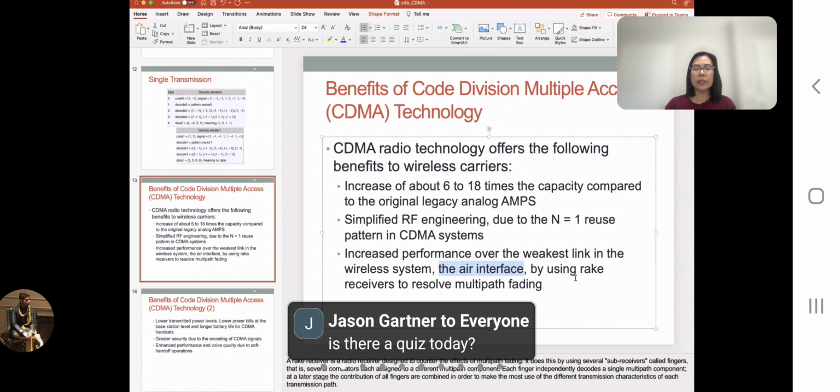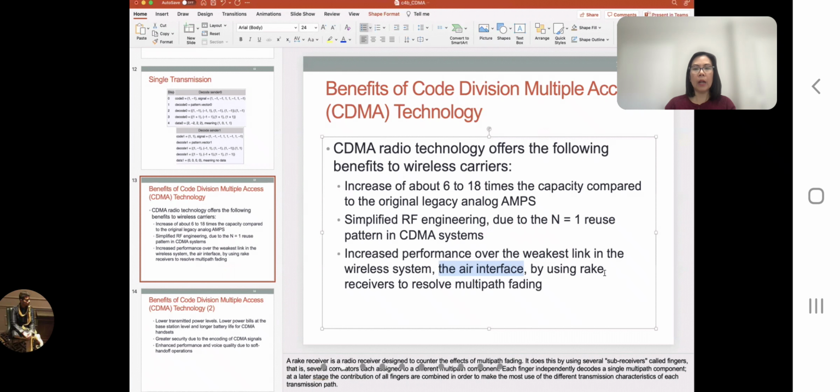The way to do this is using something called RAKE receivers. A RAKE receiver is a radio receiver designed to counter the effects of multipath fading. We're not going into RAKE receivers in this course, as this is more of a hardware problem.